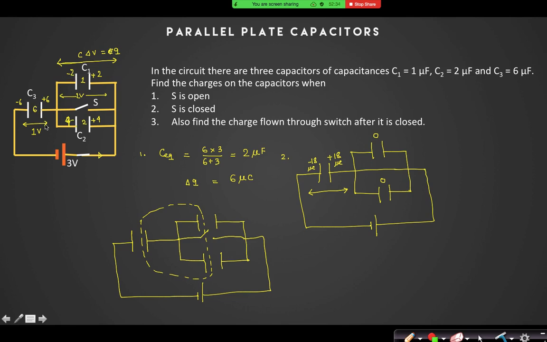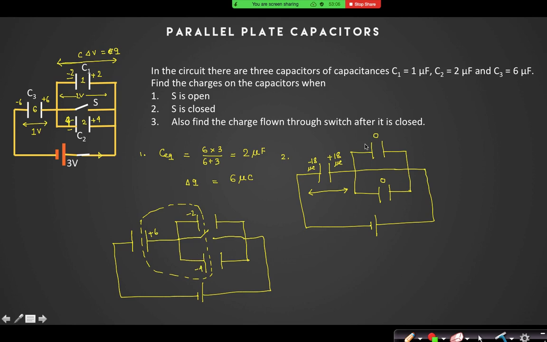So finally, whatever may be the charge, the total charge on the isolated system is still 0: minus 2, minus 4 and plus 6. So the total charge on that isolated system before closing that switch was 0.